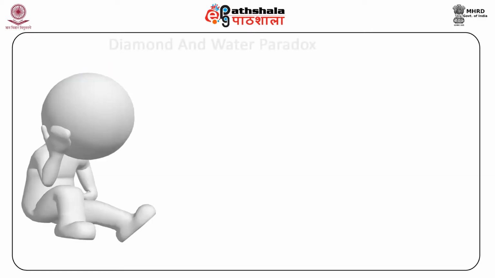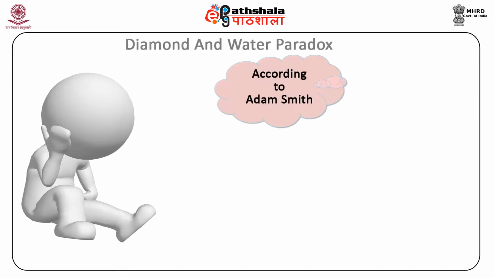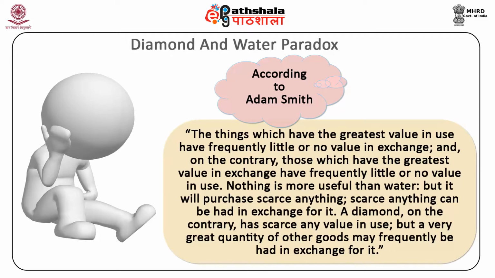Now we will discuss the diamond-water paradox. The paradox, in Adam Smith's words: the things which have the greatest value in use have frequently little or no value in exchange. And on the contrary, those which have the greatest value in exchange have frequently little or no value in use.